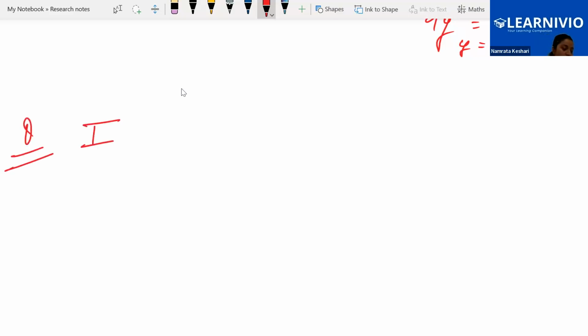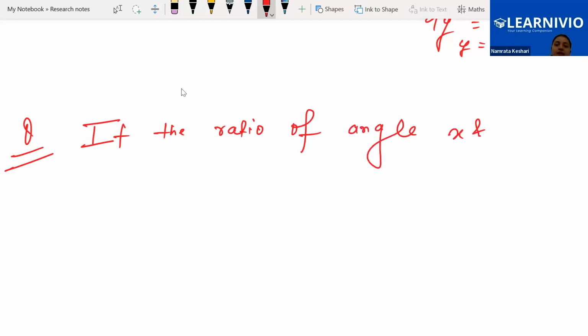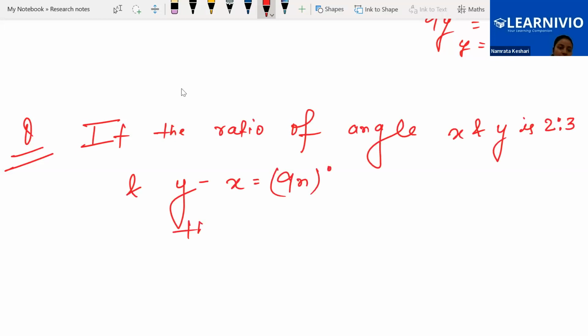If the ratio of angles x and y is 2:3, and y minus x is 9n degrees, then find the value of n.